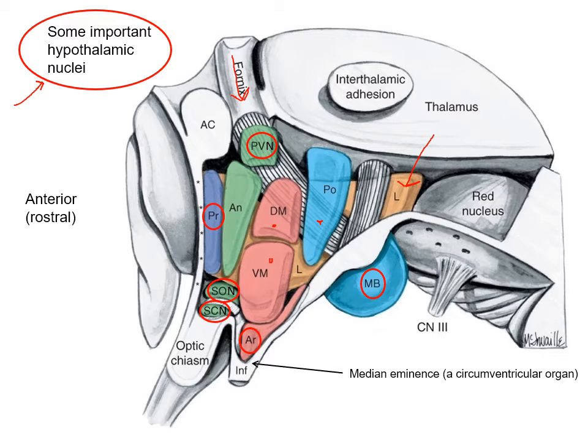The medial preoptic nucleus is a temperature regulation area. So temperature regulation is a great example of homeostasis. It makes sense that it's a nucleus in the hypothalamus. The hypothalamus' main overall function is homeostasis. So we must maintain homeostasis of body temperature.